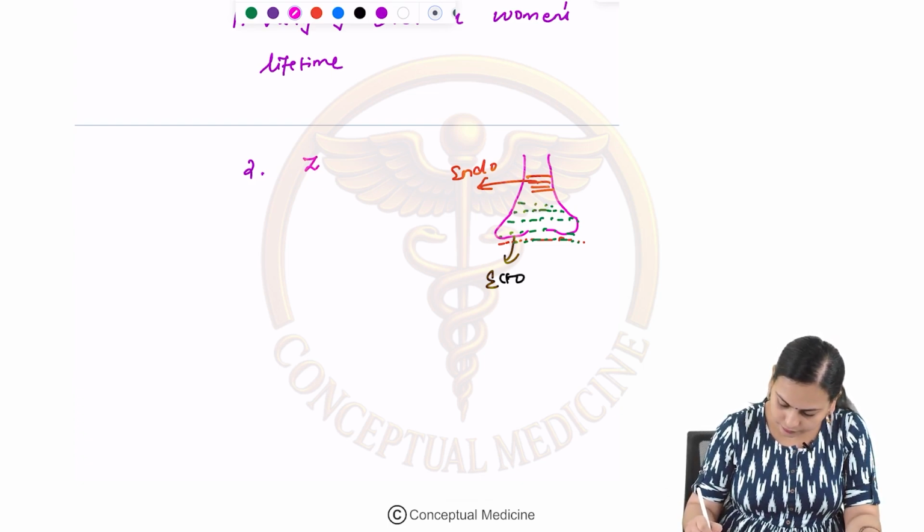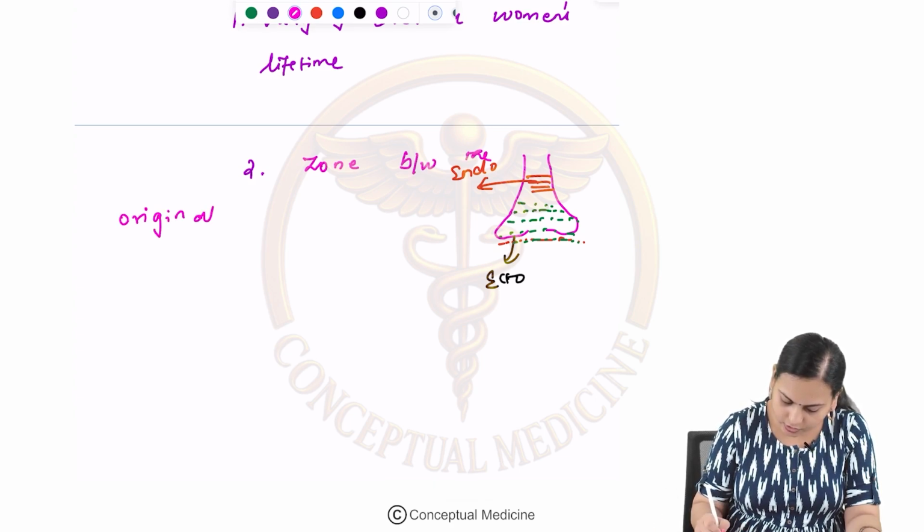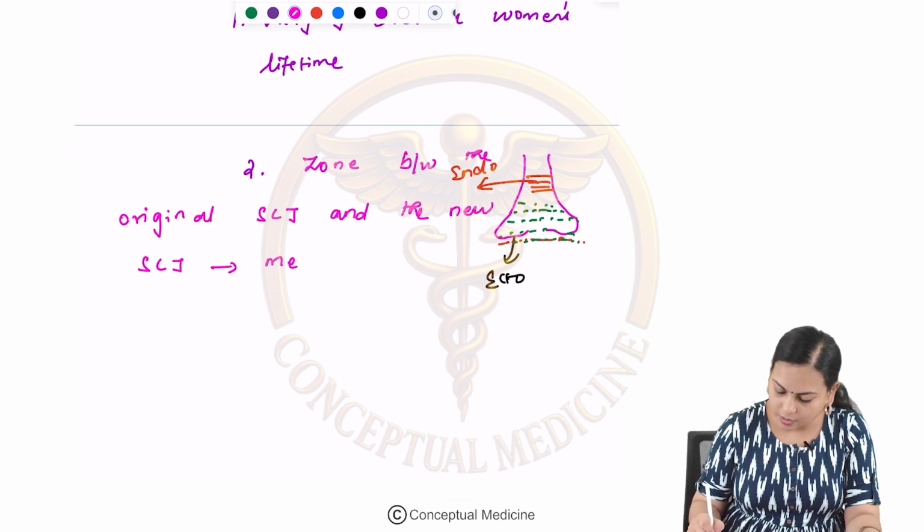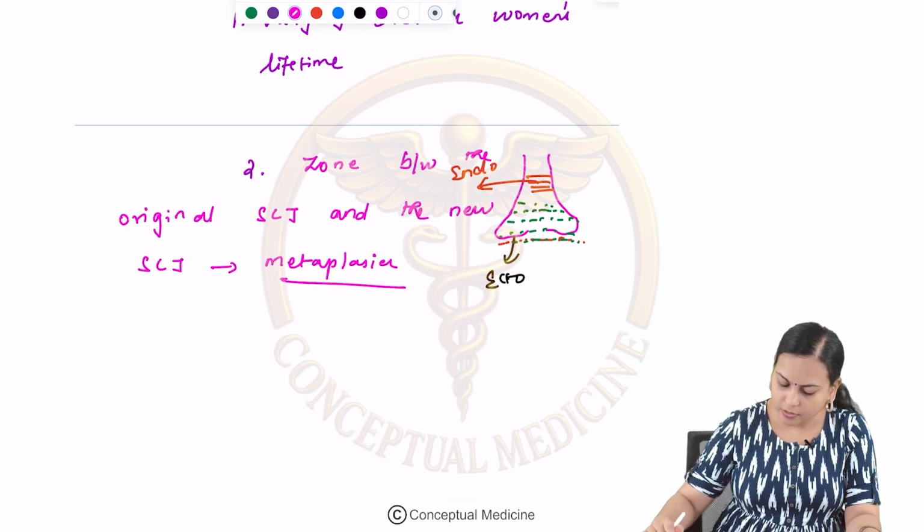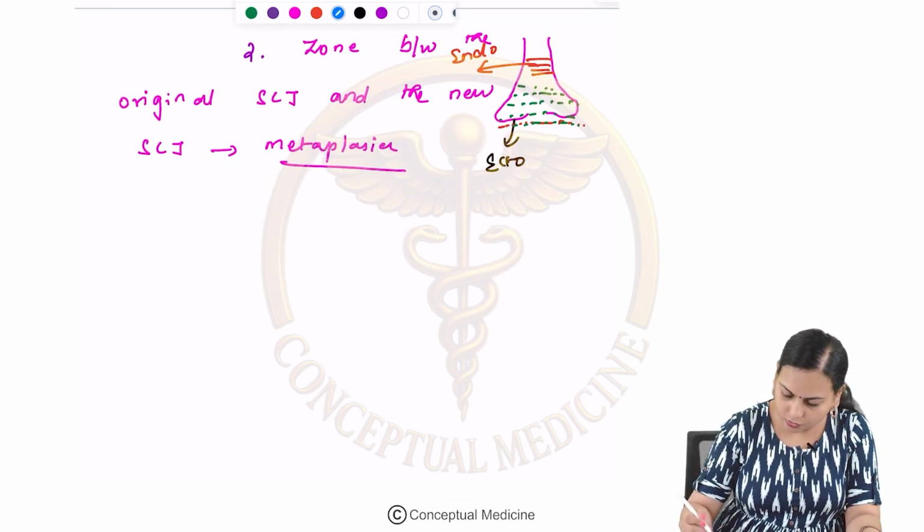Right. Now, what happens? The zone between the original squamocolumnar junction and the new squamocolumnar junction undergoes metaplasia. So, this will be known as the transformation zone also.